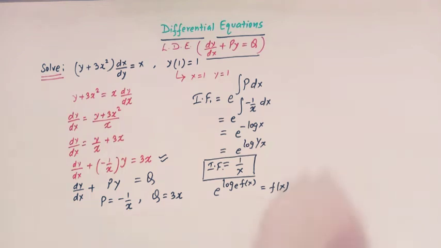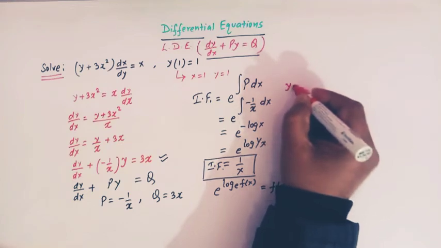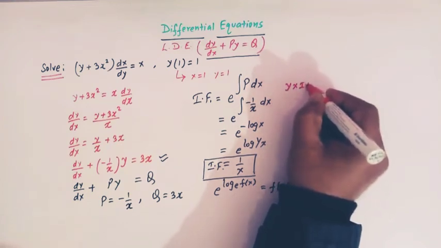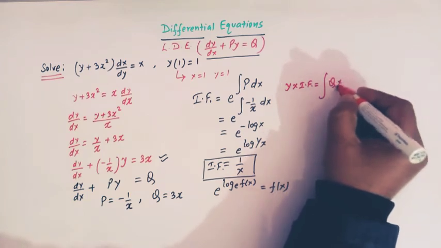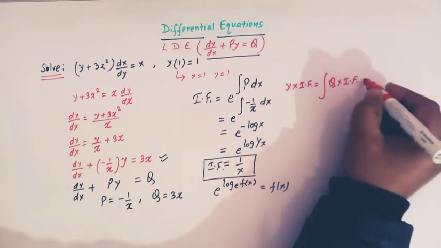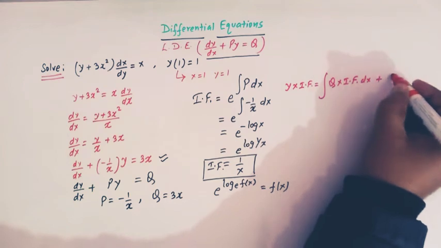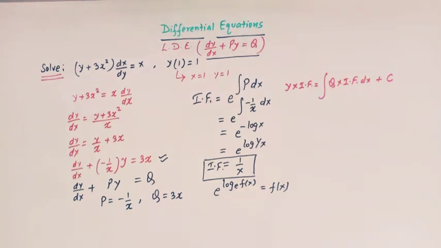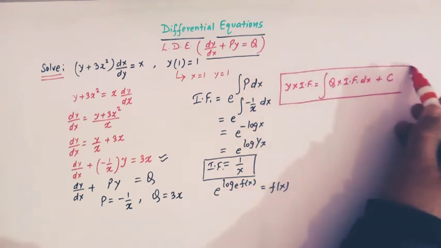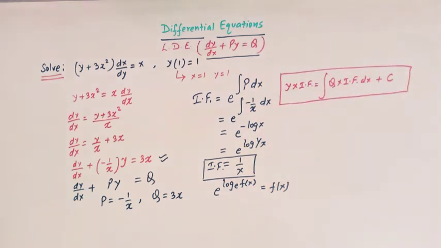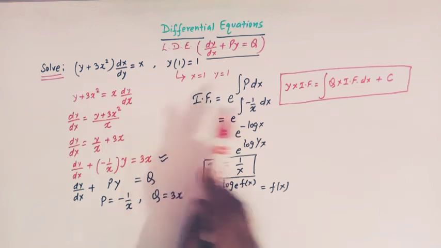Now the solution is given by y times the integrating factor equals the integral of q times the integrating factor dx plus c, where c is the constant of integration. This is the standard expression to get the solution of any linear differential equation of this type, whose integrating factor is IF.